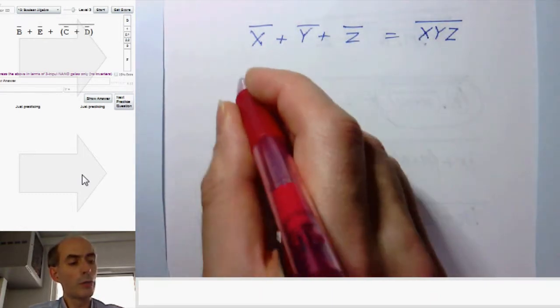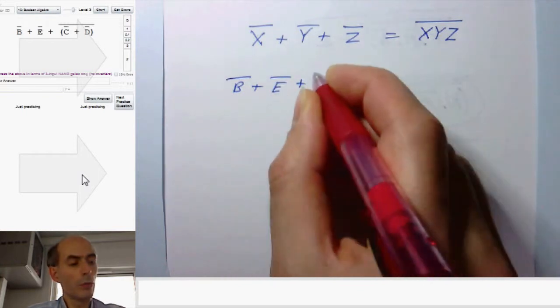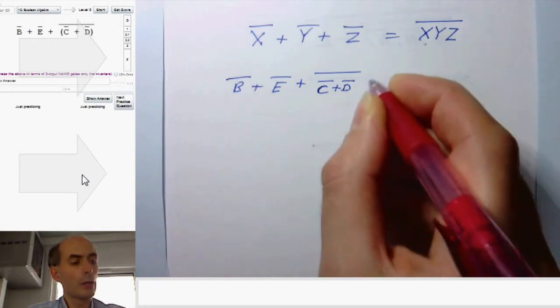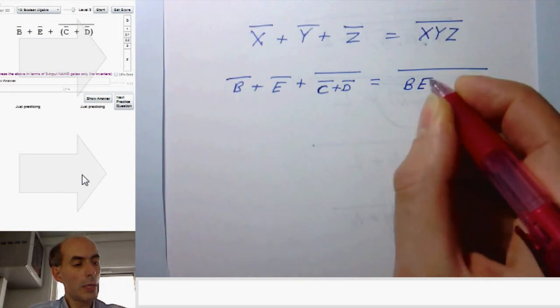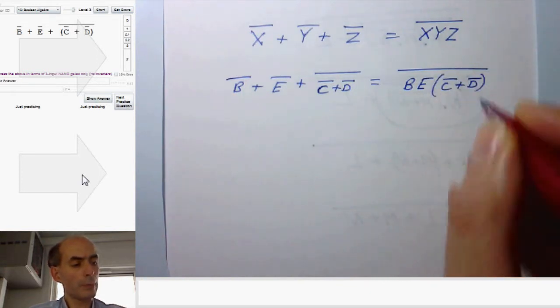So here we could see that not b or not e or not c and not d is just equal to not of b, e, and then not c or not d.